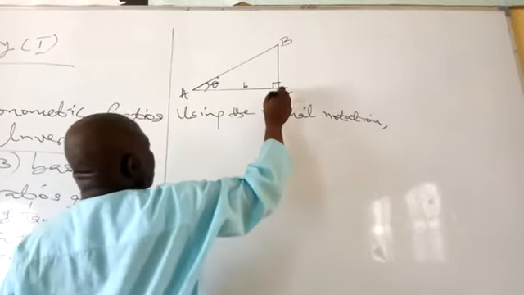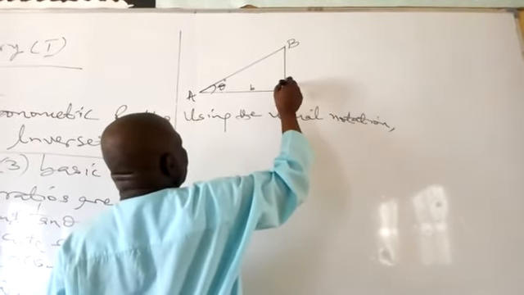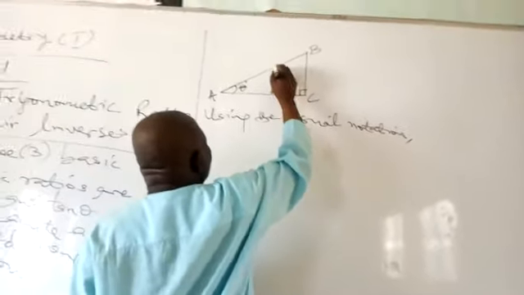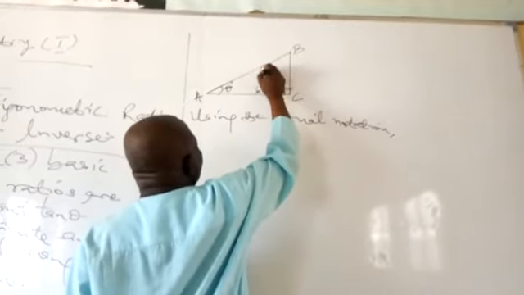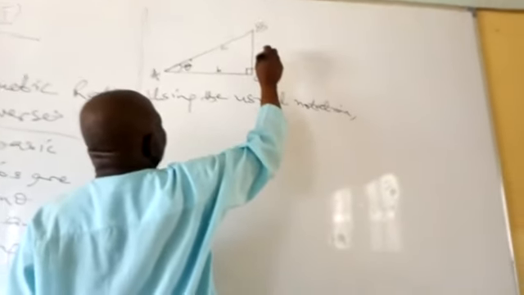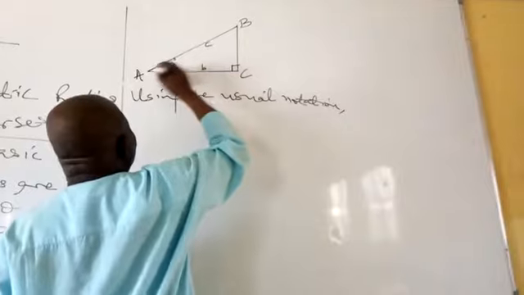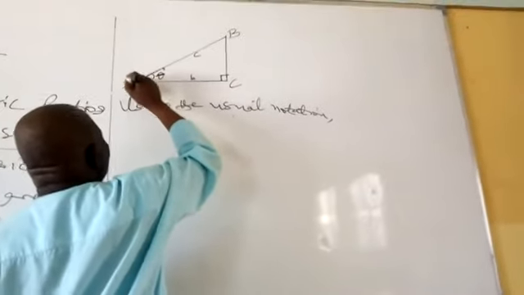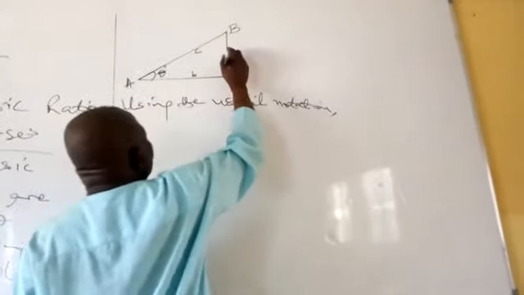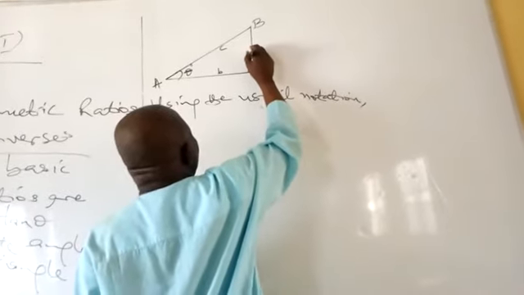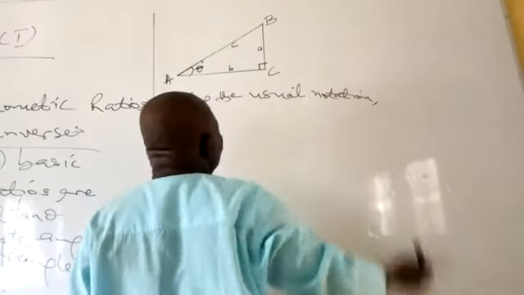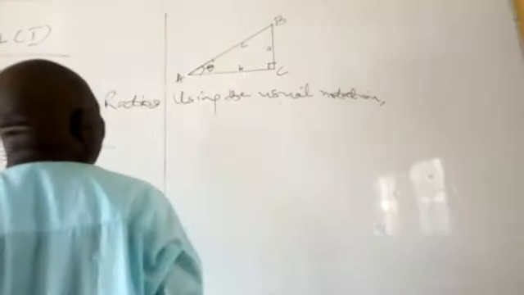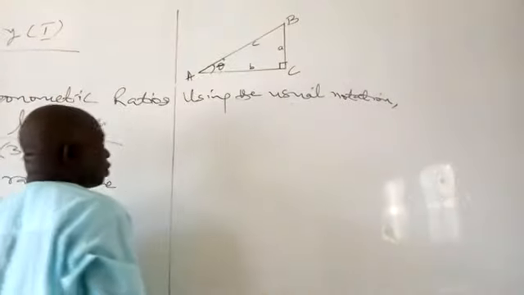The side that is directly opposite this angle 90 degree, which is the hypotenuse, is small letter c. The side that is opposite this angle A is denoted with small letter a. That is the usual notation I'm referring to.